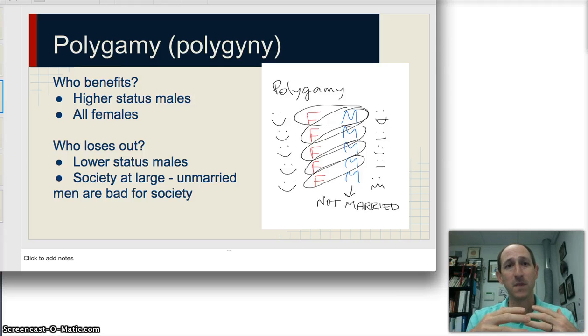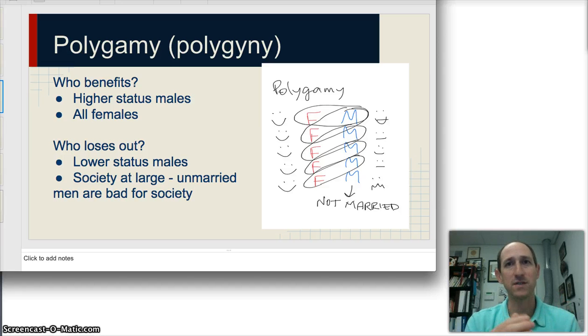They have less fit or less resource-rich females to choose from, because the females that can are going to get chosen or monopolized by the male at the top. And you end up with males at the very bottom who may not be married at all. So all the males except for the ones at the top in this scenario are less happy, less well off, or less evolutionarily advantaged.